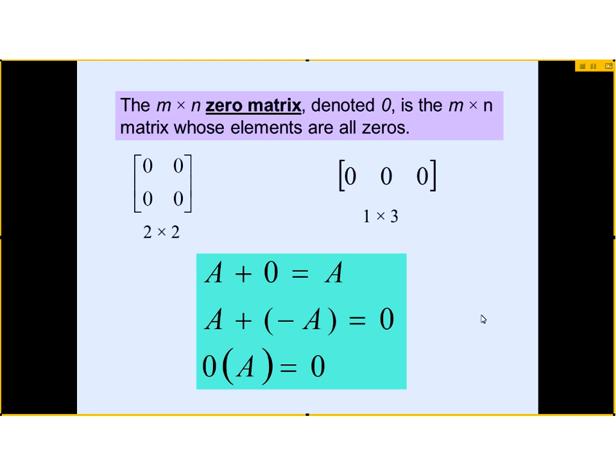Yes, this law also holds in normal algebra. So 0 into A is equal to 0. If we multiply the zero matrix with any matrix, then we get the zero matrix. These are the laws of the zero matrix.